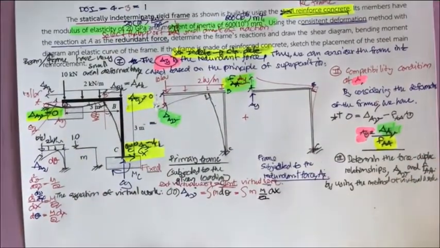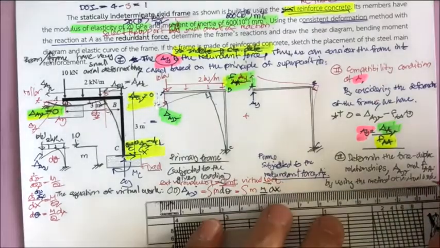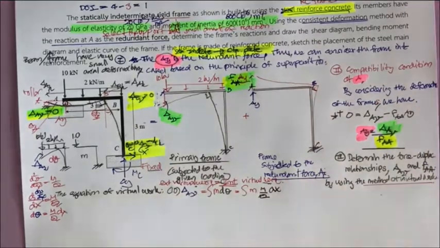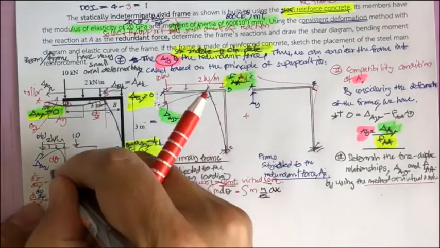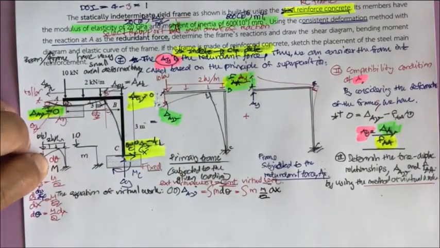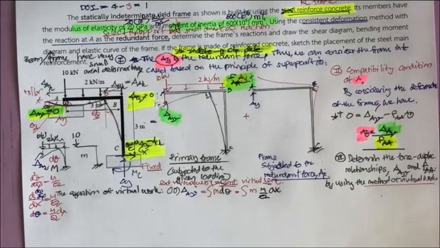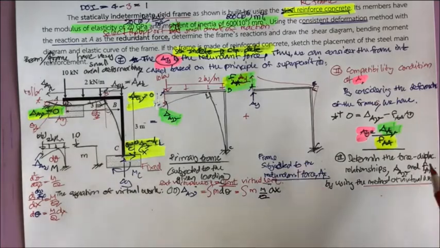That is the review of the basis of the virtual work method. Now what you need to determine is what? The M. The M comes from here, because the M produces the rotation here. So the problem comes down to determining the deflection.